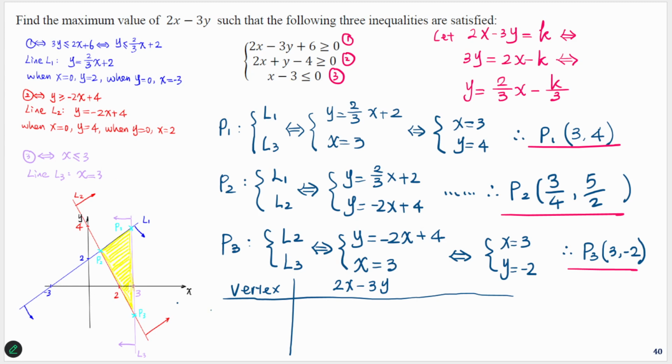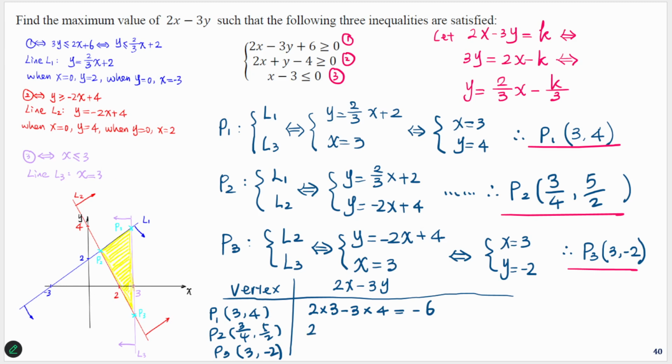Okay, so the first vertex is P1, 3, 4. Second one is P2, 3/4, 5/2. Third is 3, negative 2. Then we calculate each 2x minus 3y. For the first point, 2 by 3 minus 3 by 4, which equals negative 6.